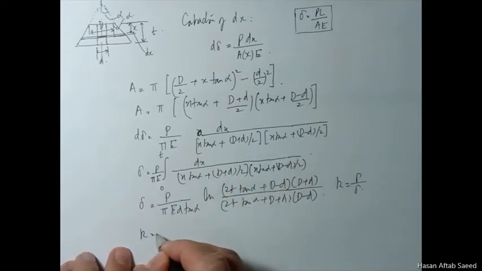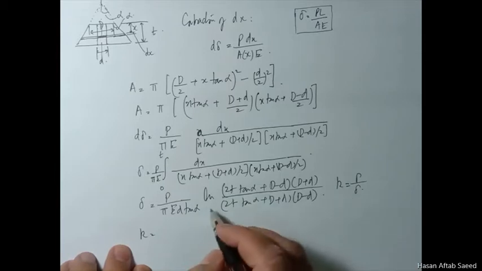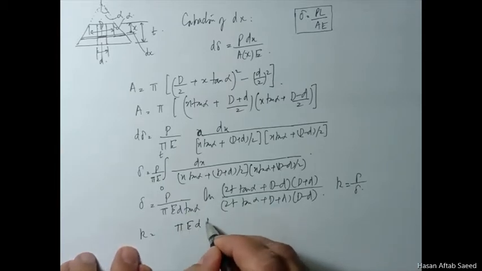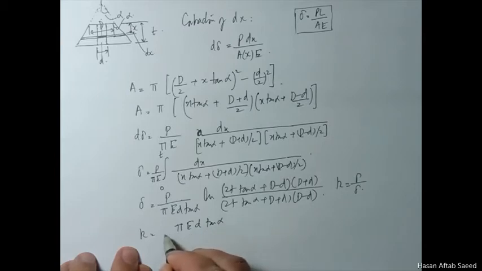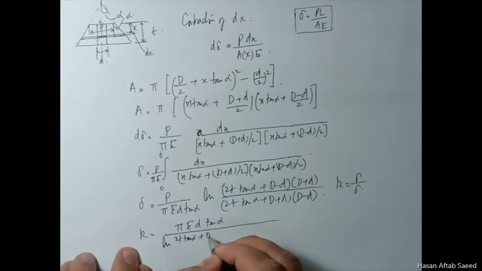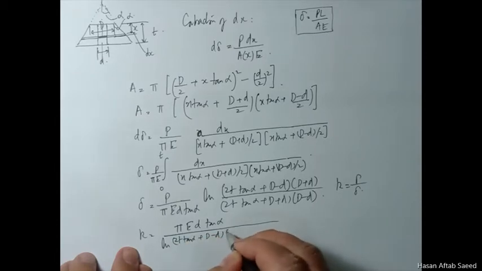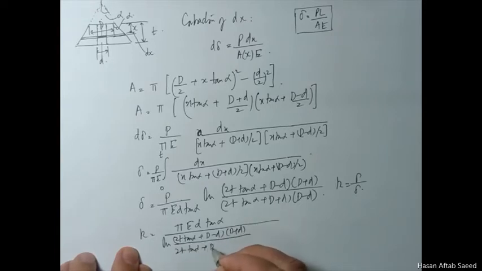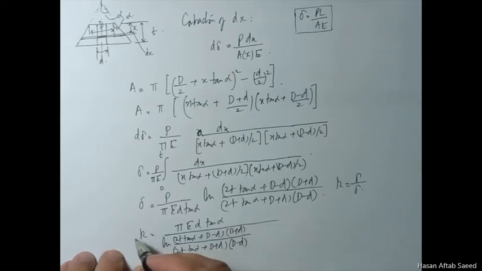So your k turns out to be pi E d tan alpha over log of (2t tan alpha plus d minus d over 2t tan alpha plus d plus d).